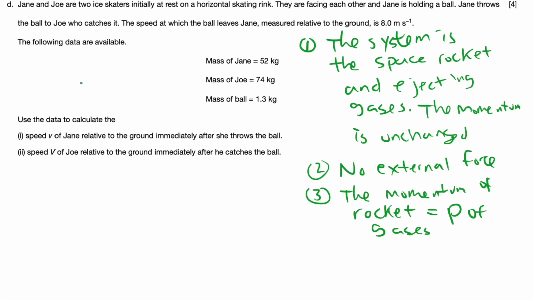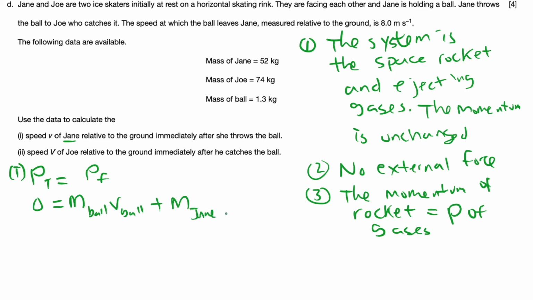So you can use conservation of momentum to solve the problem. Initial momentum is equal to final momentum, and the system is going to be Jane and the ball. Initially they're at rest, so initial momentum is going to be equal to 0. Final momentum is equal to momentum of the ball plus momentum of Jane. Now you just need to plug in numbers to calculate the velocity of Jane.